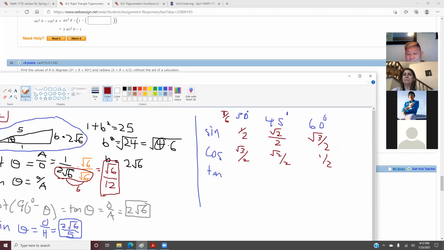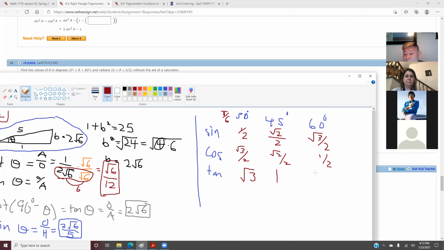Tangent is easy because tangent is cosine over sine. If you divide √3/2 by 1/2, the 2 will cancel out, so you get √3. When you divide √2/2 by √2/2, you get exactly 1 because they're the same.